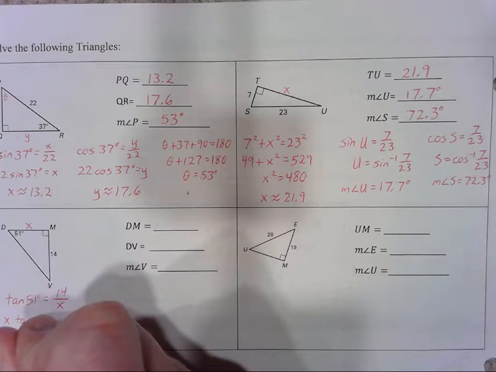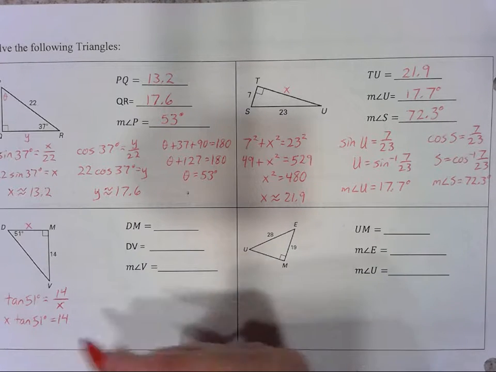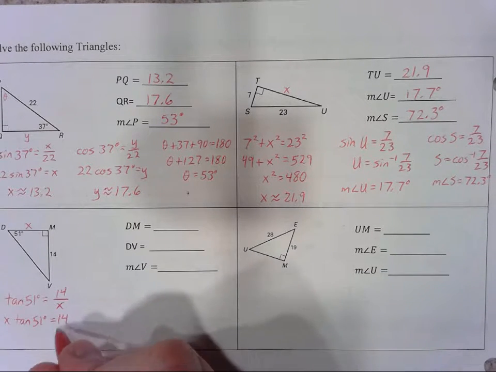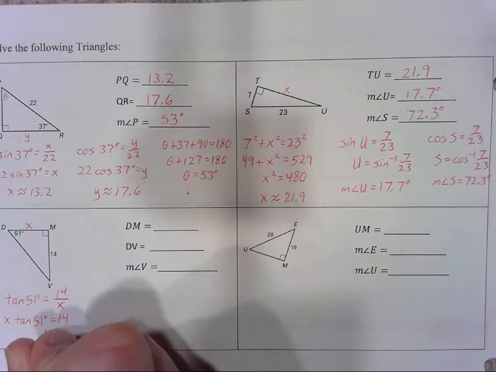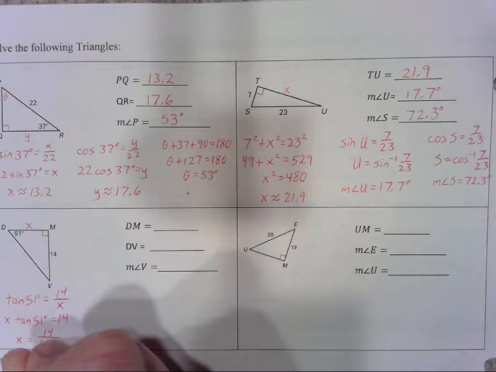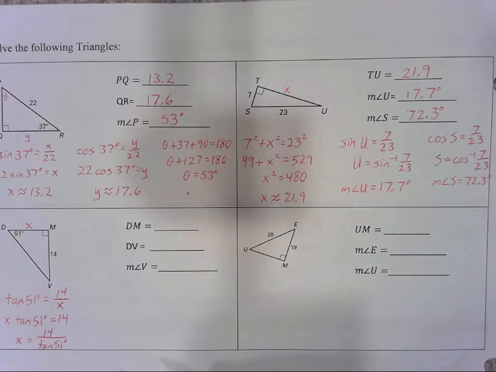X tangent of 51 degrees equals 14. Then we need to divide by tangent of 51, so x is equal to 14 divided by tangent of 51 degrees. So I type that in, 14 divided by tangent of 51 to the nearest tenth, that is 11.3.